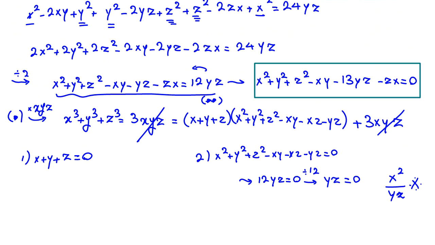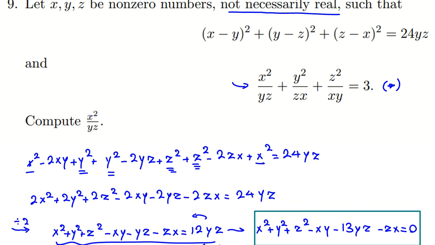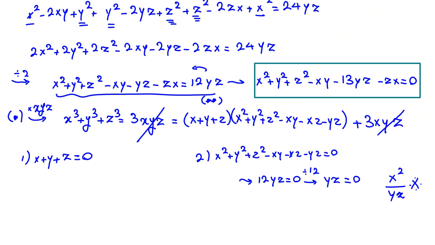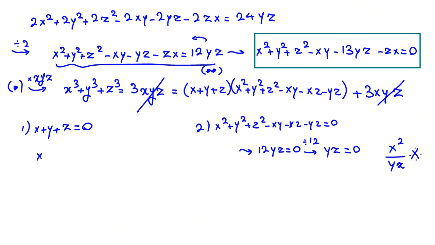Now here, because we want to calculate x squared over yz, we can write x in terms of y and z: negative y minus z. Now we can use this one. Let's consider this one as 1, and draw a circle around that. So in identity 1, we want to replace x with negative y minus z.